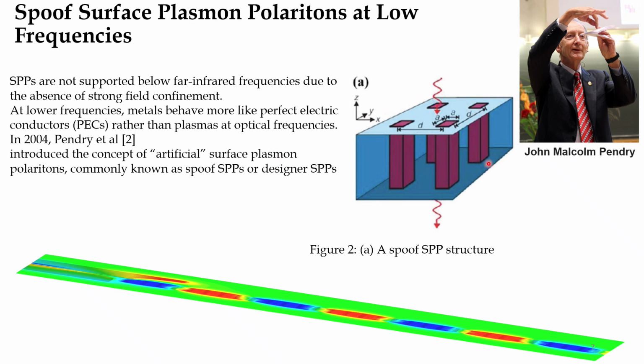So this is the spoof SSPP structure. This is the geometrical parameters of this SSPP. This is the electromagnetic field of this SSPP. We can see how this spoof surface plasmon polariton is propagating along the interface of both metal and dielectric.